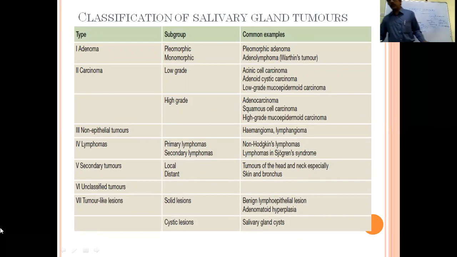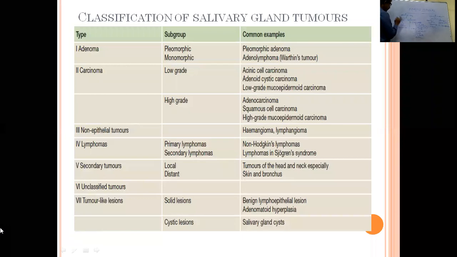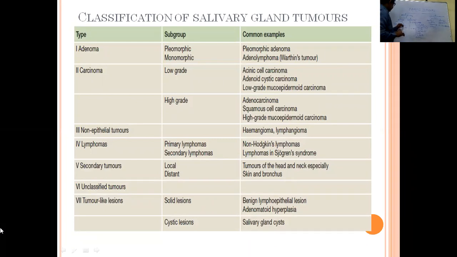So if you remember this classification: parotid tumors, epithelial, non-epithelial. Then you have epithelial benign, that is monomorphic, pleomorphic, adenomas. Benign tumors are called adenomas. Pleomorphic adenoma is the commonest. Then you have malignant, that is low grade and high grade.